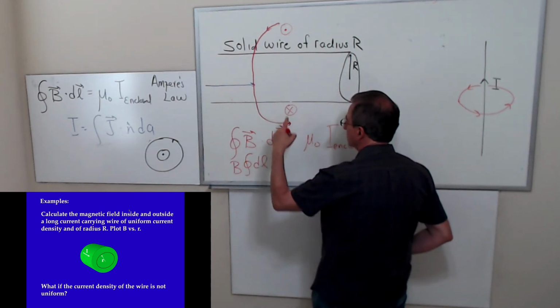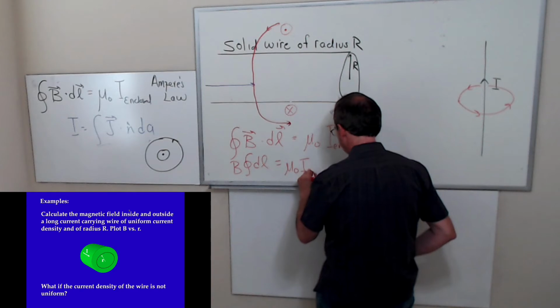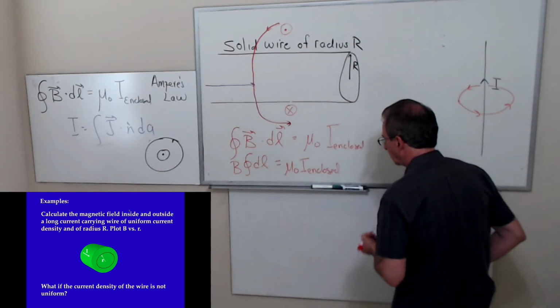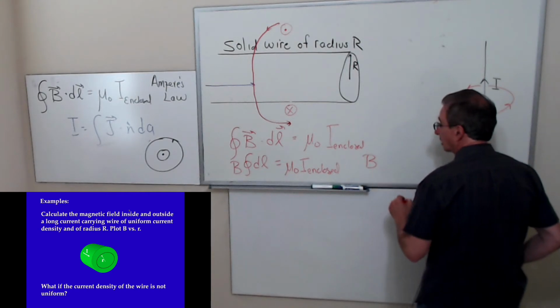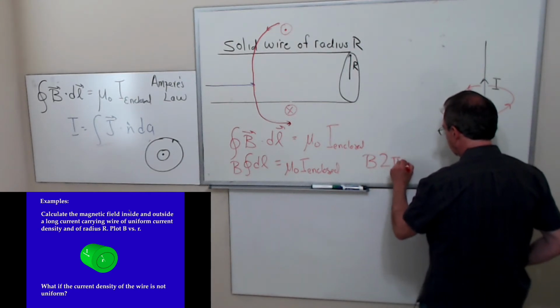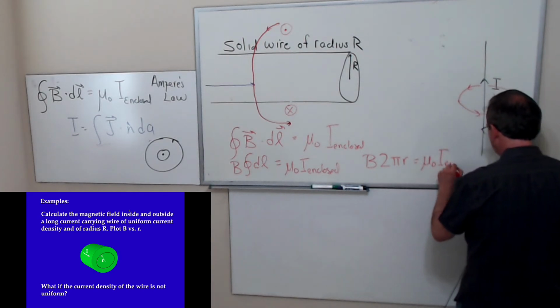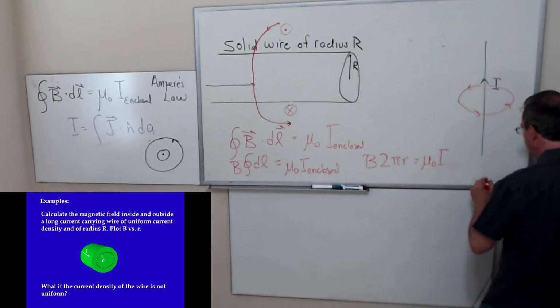We're choosing B and dl to be in the same direction to make life easy for ourselves. Then what's dl? Would it be the circumference? Yeah. Well, I enclosed is just I. And so then B.